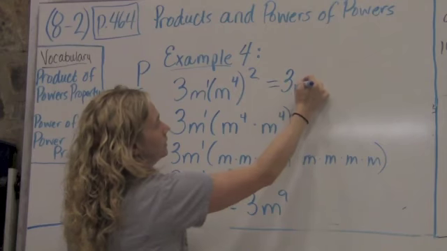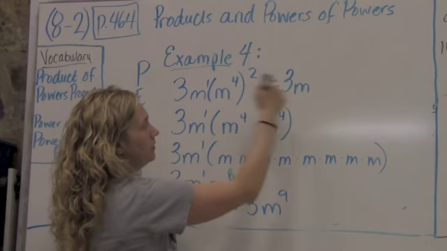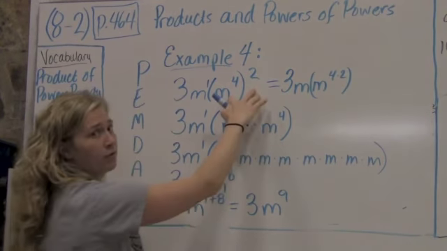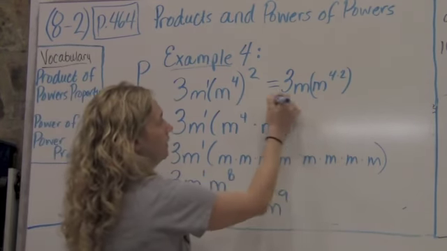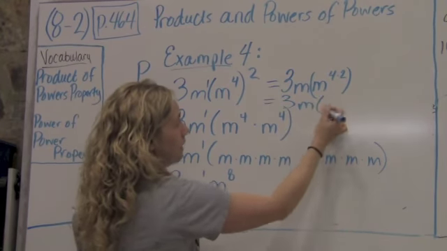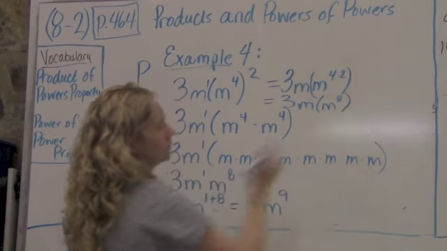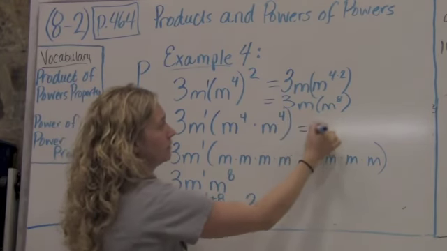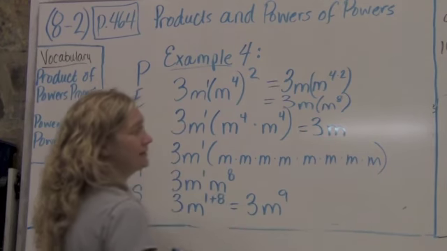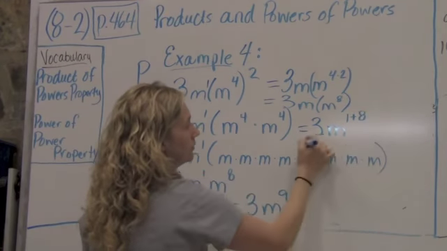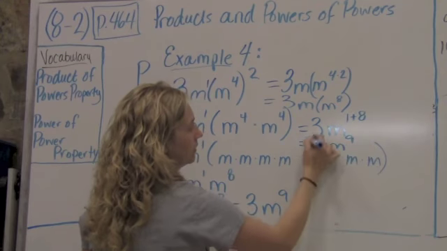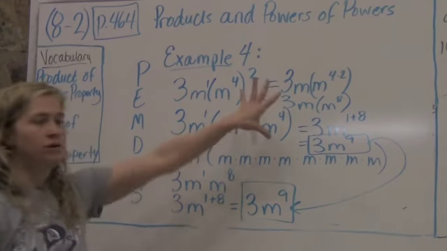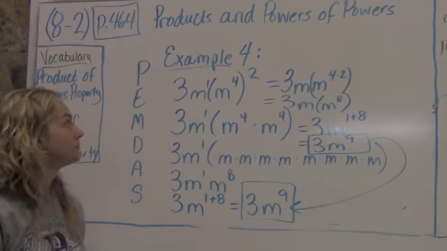You would say 3m times m to the 4 times 2, because this is the power of powers property, and you would end up with 3m times m to the 8th, and then use the product of powers property to get 3 times m to the 1 plus 8, which is 3m to the 9th. So that would be the same as that, but using the properties that you've learned.